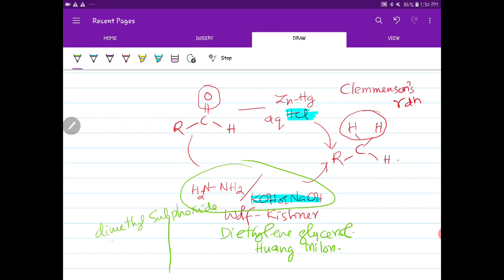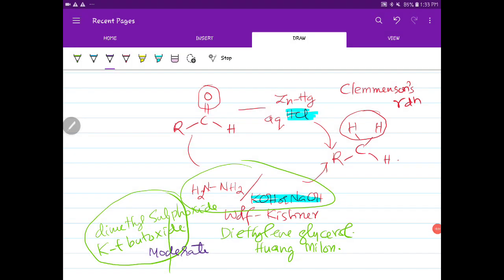This is another modification for the Wolff-Kishner reduction. And if you are using this dimethyl sulfoxide, the advantage is it could even be done at room temperature. So this is a moderate condition for Wolff-Kishner reduction.